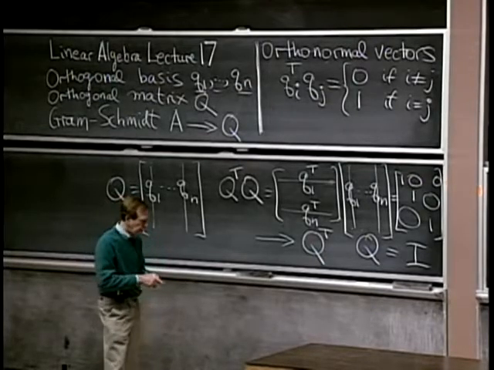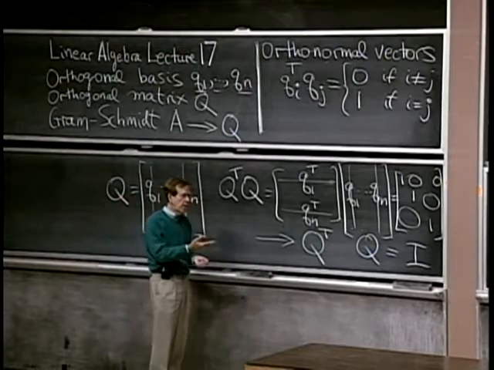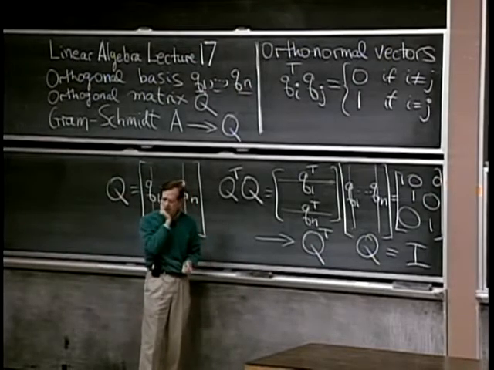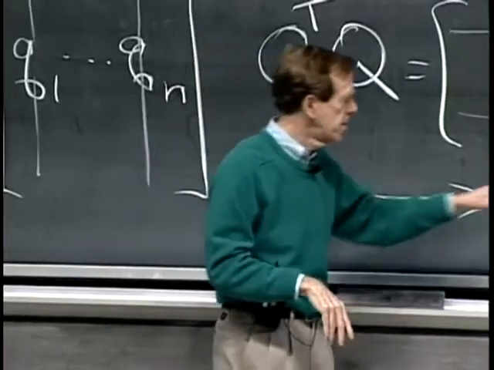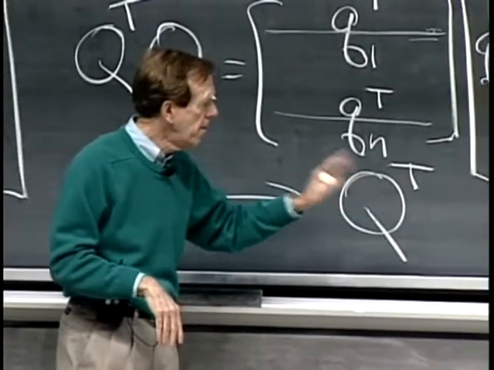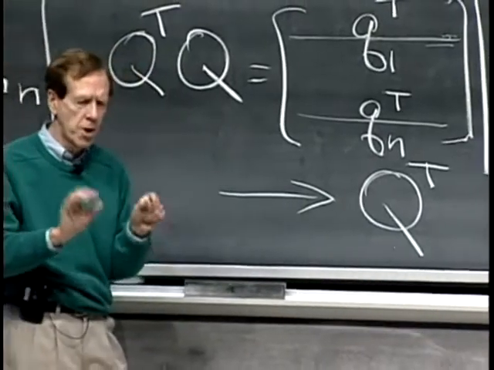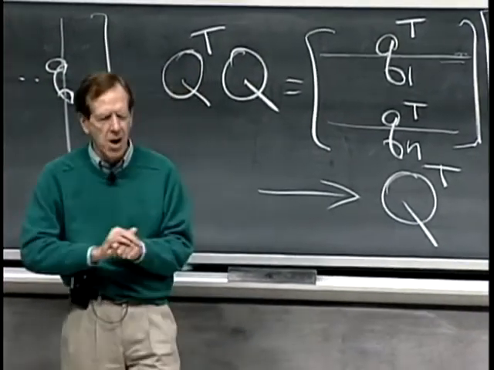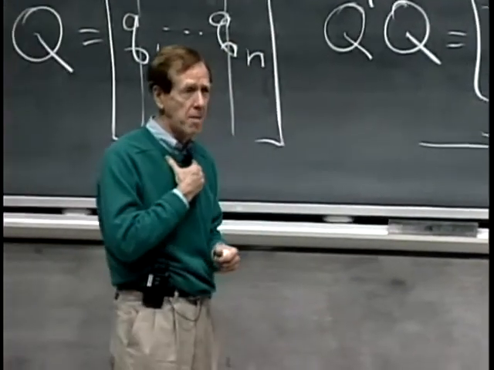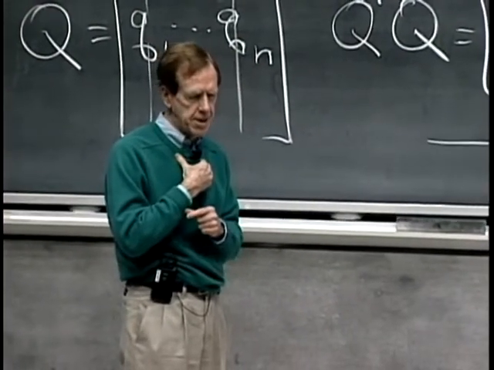Then in this chapter, we've already seen projection matrices. And now we're seeing this new class of matrices with orthonormal columns. That's a very long expression. I am sorry that I can't just call them orthogonal matrices.